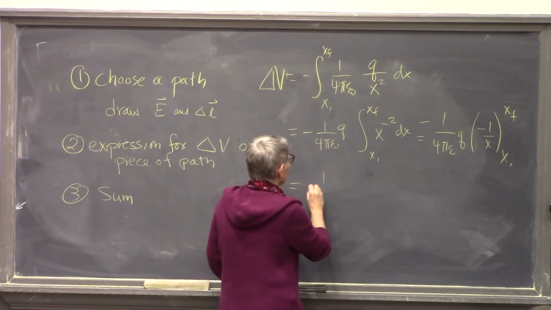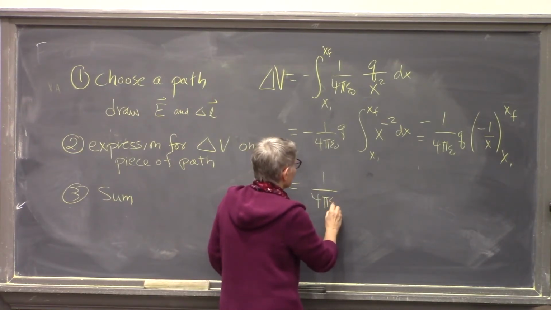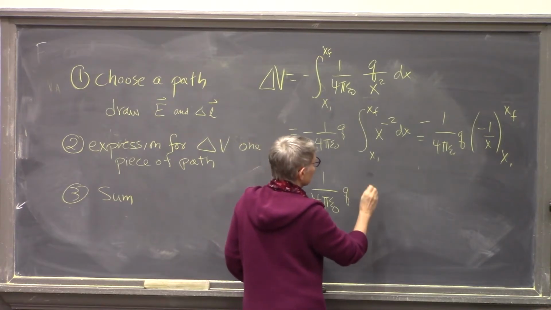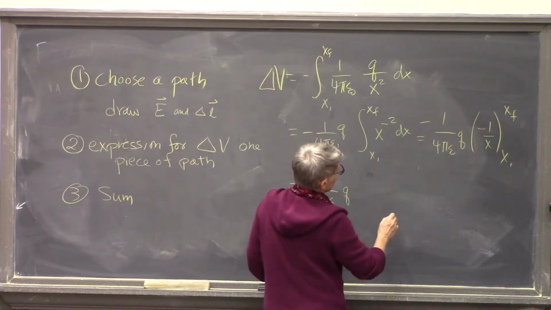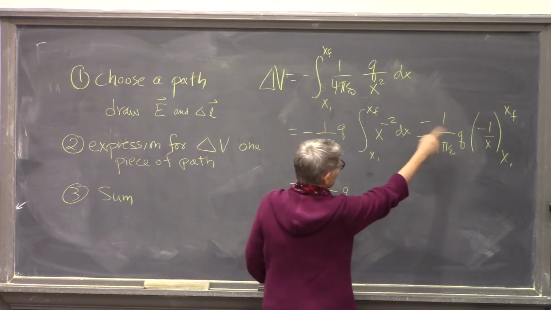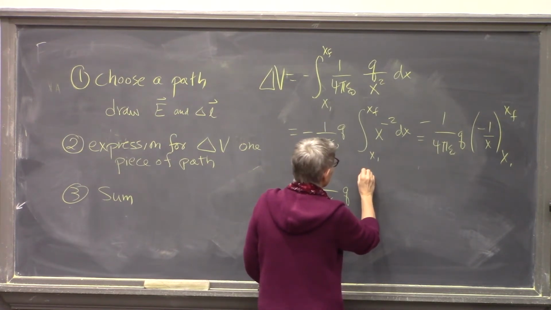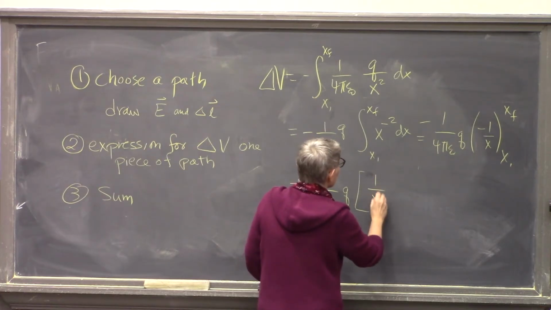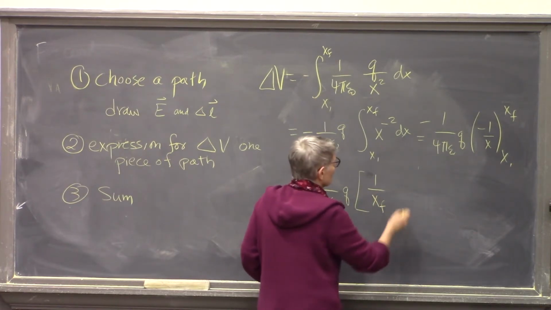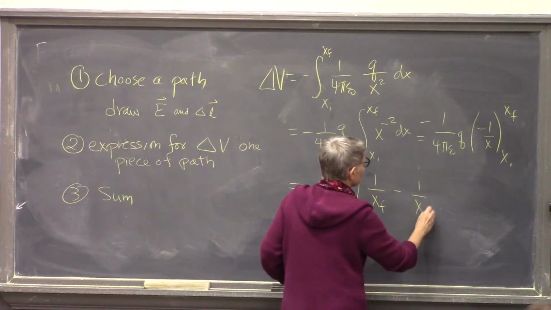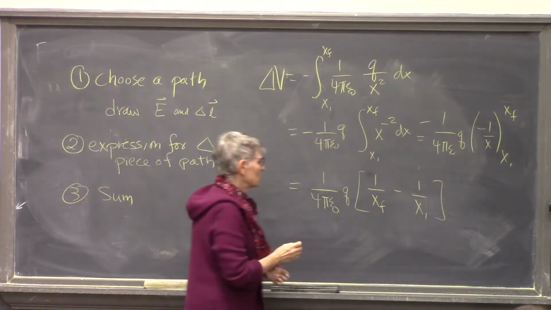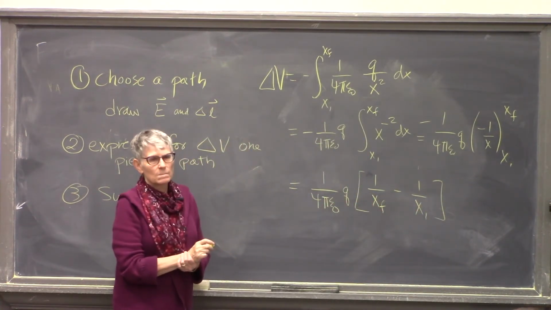And so we get a 1 over 4 pi epsilon 0 q times, so these two minuses cancel out. We have a 1 over x final minus 1 over x initial, right?